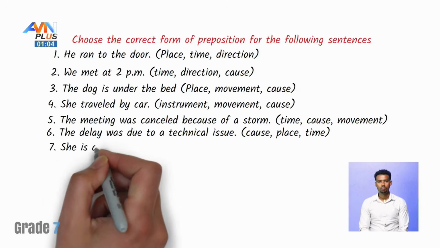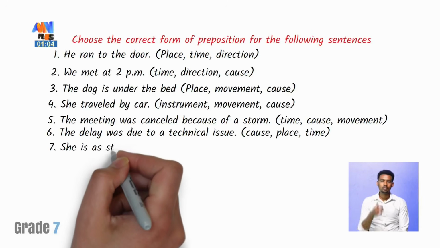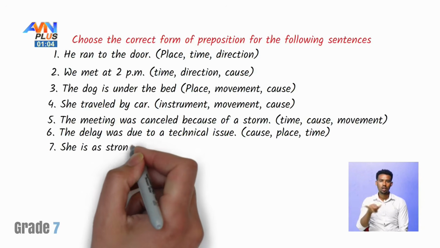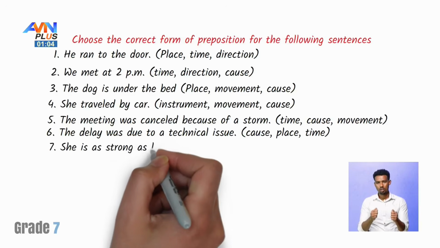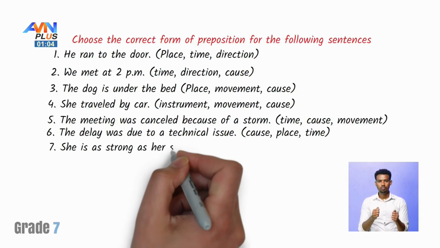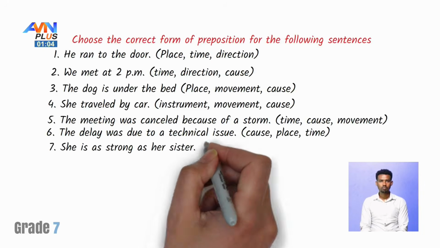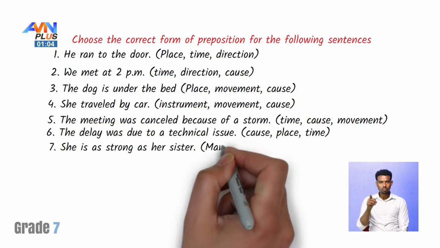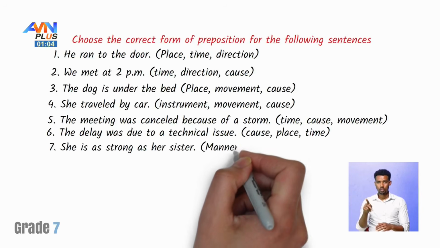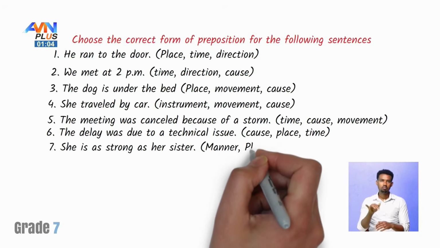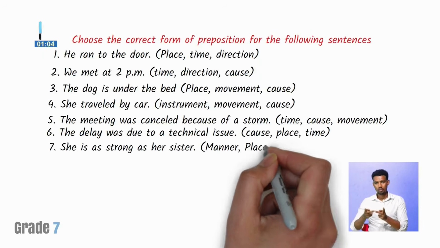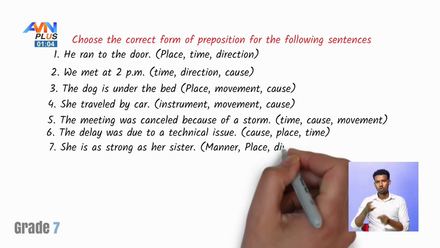Number 7, she is as strong as her sister. Is it preposition of manner, place, or direction?